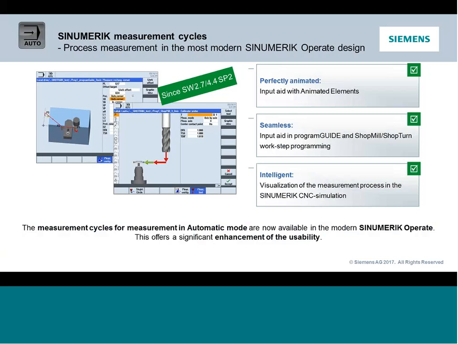Before, you used to have to set up a lot of discrete variables prior to the cycle, all in G code. There were no graphics or animated elements like you see here to tell you what the cycle needs. So all that came live in 2.7. As long as you have an Operate system and your software version is 2.7 or newer, which if you have Operate, I can almost guarantee it will be, then the cycles that you're going to see here are fully available for you.